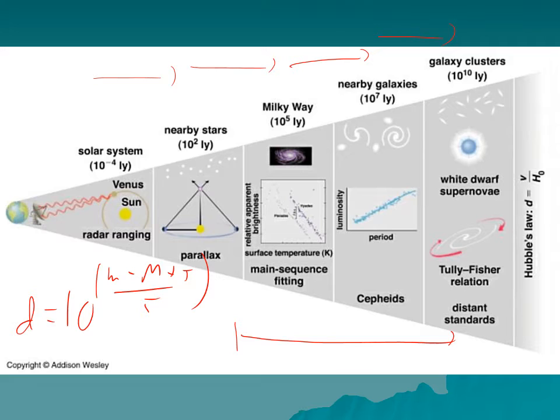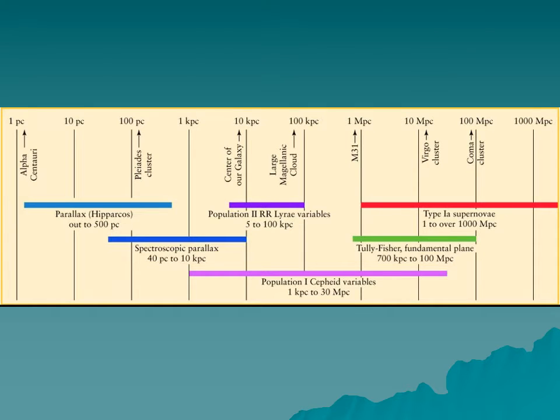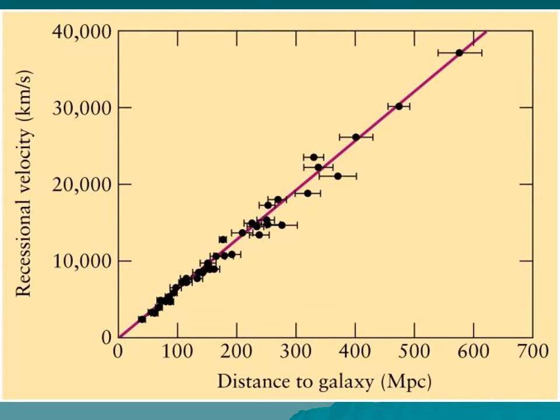But doing all that, using all the different ways of measuring at different distances, that allows us to plot this relationship in which we have the distance on the x-axis, the velocity on the y-axis, and they have a trend.